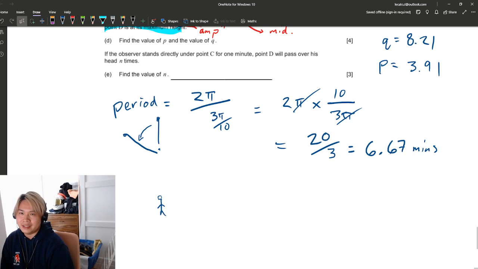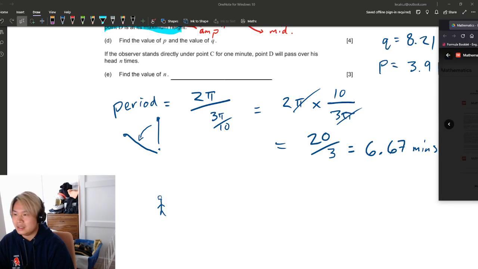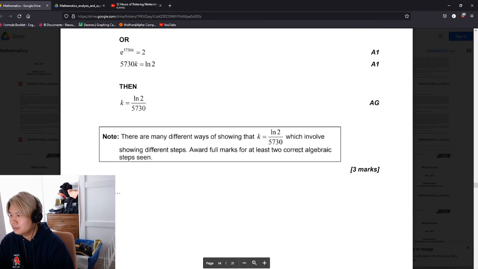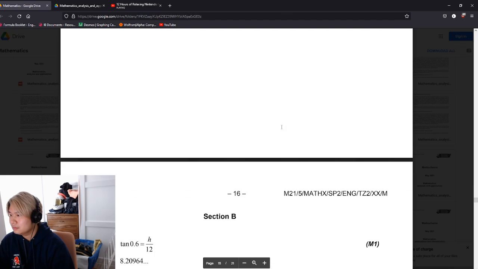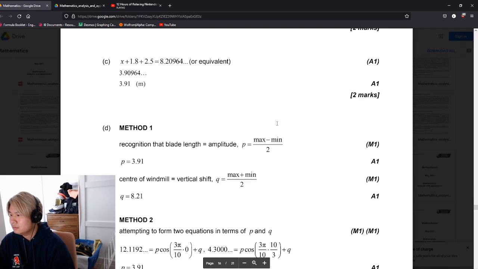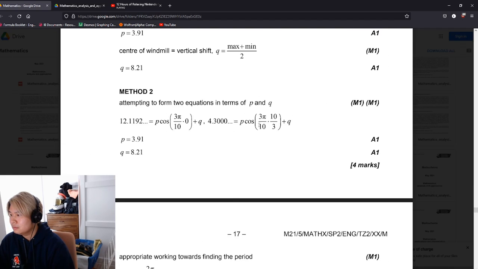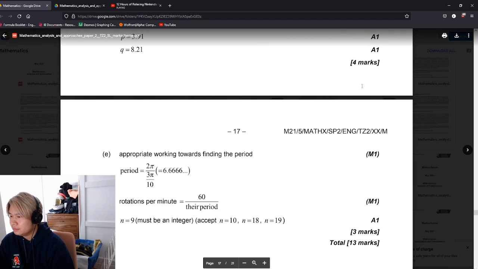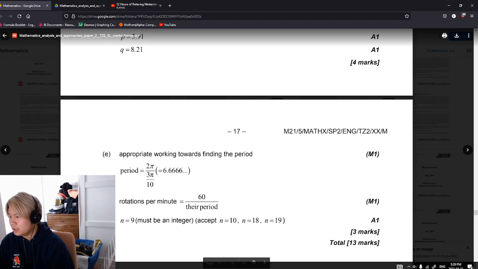Okay, something's off with this. So, let's look at our answer key. Rotations per minute, 60, their period.